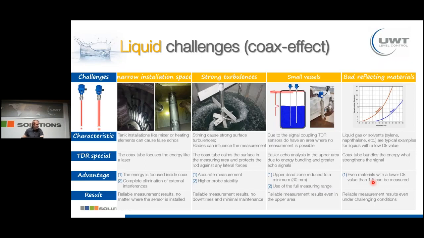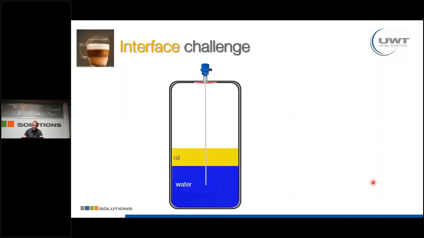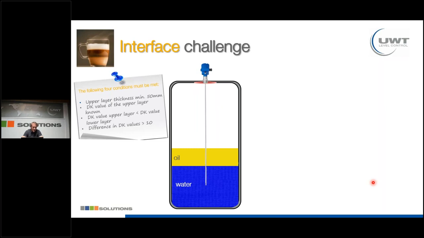Another special feature of TDR sensors is that they can be used in interface measurements. Which conditions have to be met? There are 4 requirements to use TDR sensors for interface applications.